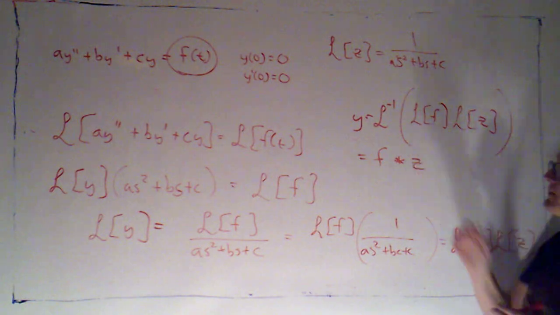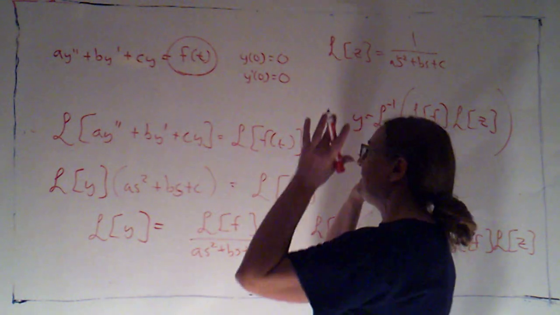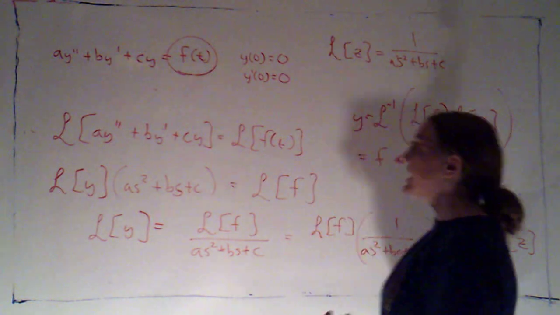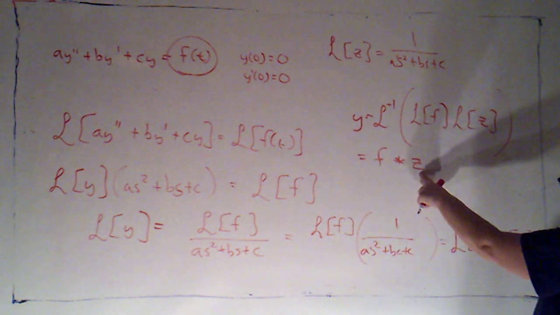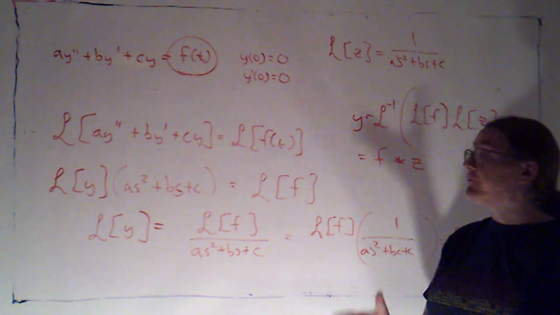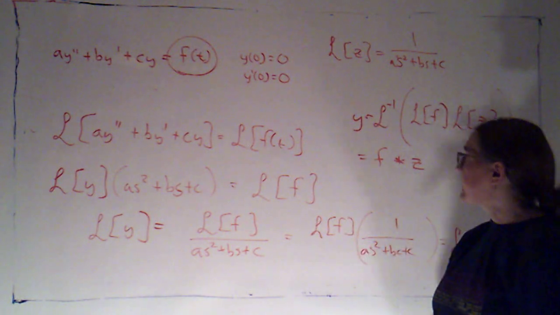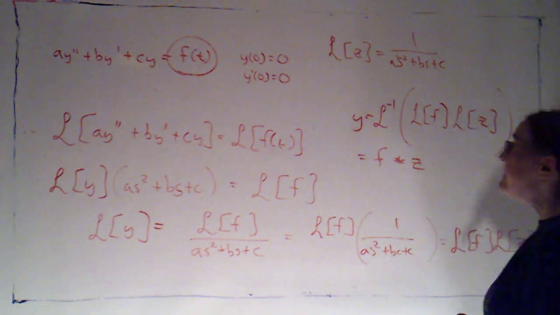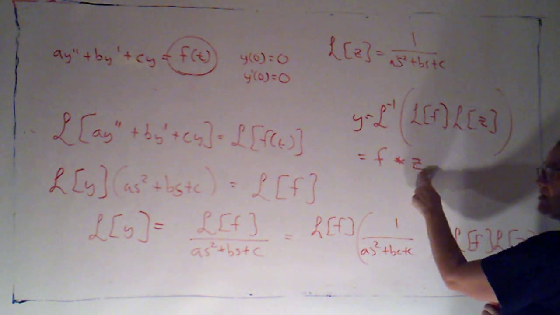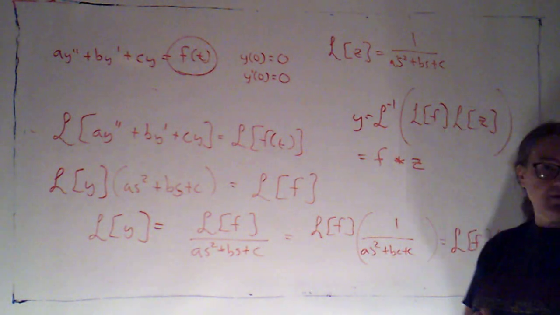So, if I'm going to be working with a family like this, and I'm going to be solving lots of these with lots of different forcing functions, it might make sense for me to just figure out what z is. Solve that one particular differential equation where the forcing function is the Dirac delta function at 0, okay, where I've got an impulse force at time 0, and then all my other solutions will just be the convolution of my forcing function with that particular solution that I found to that particular member of this family.